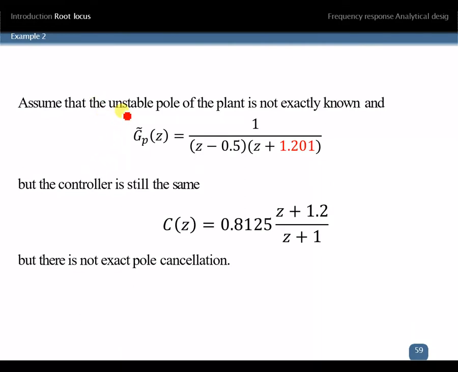Assuming that the unstable pole of the plant is not exactly known, and here it becomes z + 1.201, but the controller is still the same, I put z + 1.2, and after that there is no exact pole cancellation.